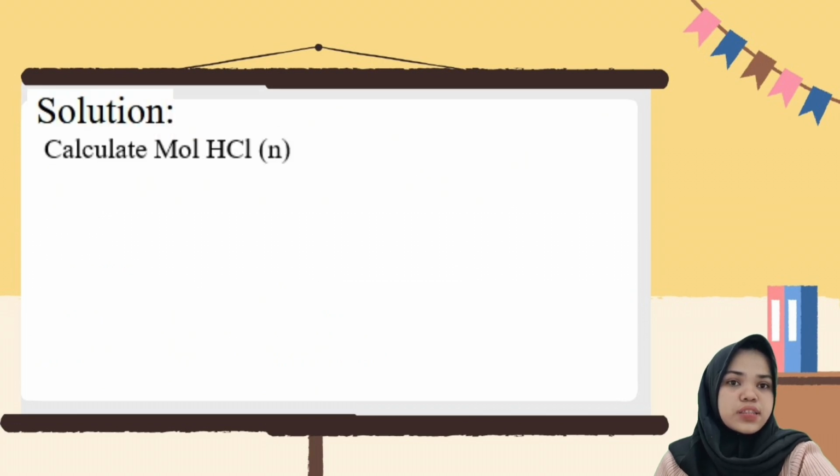Next, we calculate the number of moles of HCl gas using the ideal gas formula. Moles equals pressure times volume divided by R times temperature in Kelvin.